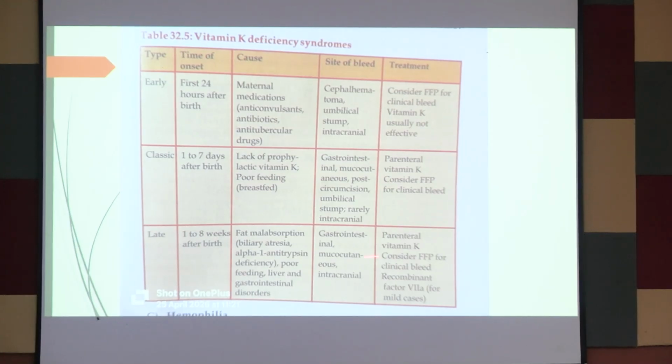In late HDN, parenteral vitamin K, FFP and recombinant factor 7A. So, we have to differentiate the causes of HDN according to early, classic, late and manage accordingly. And prophylactic vitamin K injection 1 milligram after birth is very important to prevent HDN or hemorrhagic disease of newborn, mainly in classic HDN.